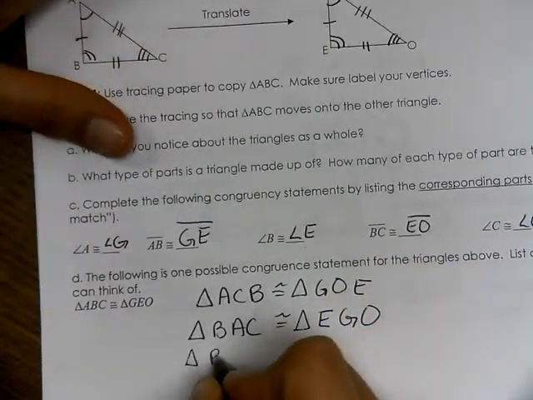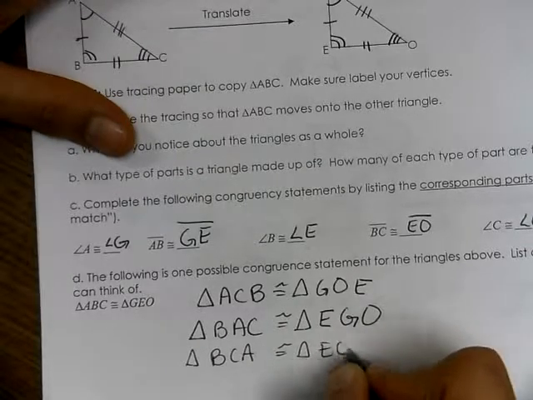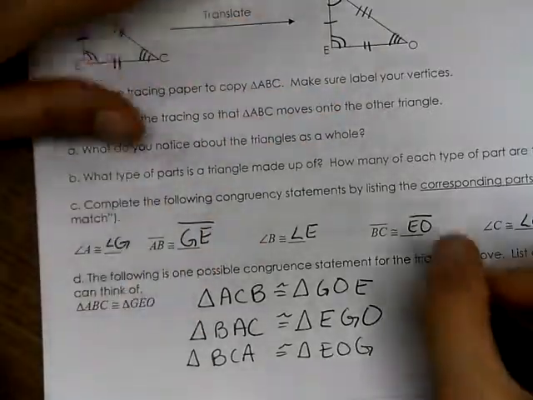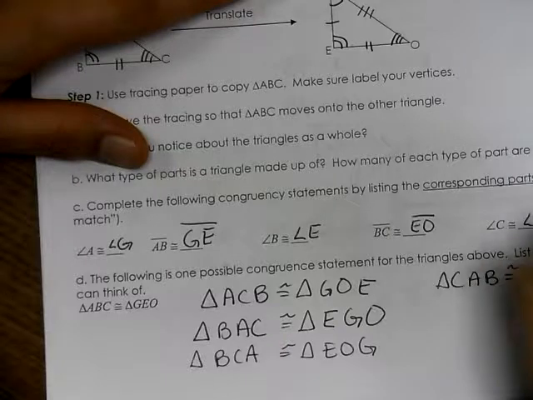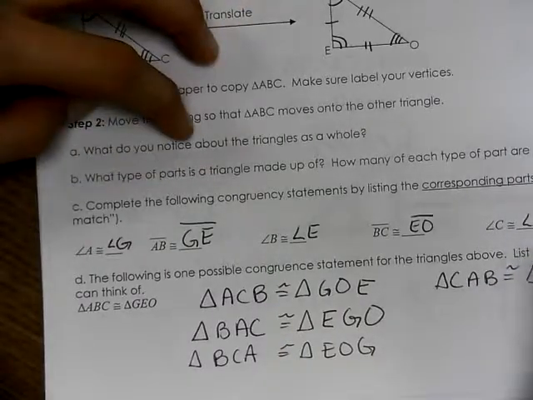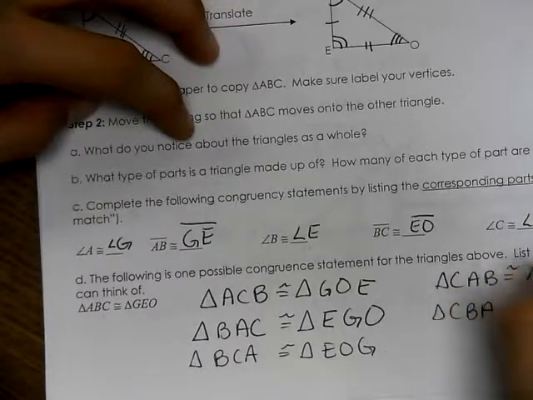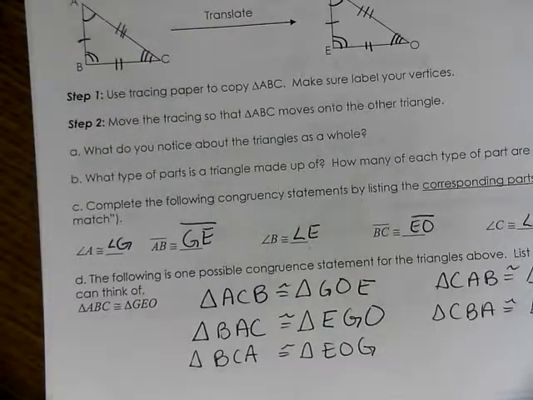I could say triangle BCA goes with triangle EOG. So I started with A twice, I started with B twice, now I can start with C. CAB would be congruent to triangle OGE, and then triangle CBA would be congruent to triangle OEG. So there's 6 ways to write this.